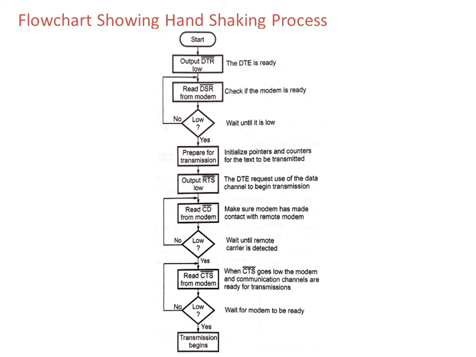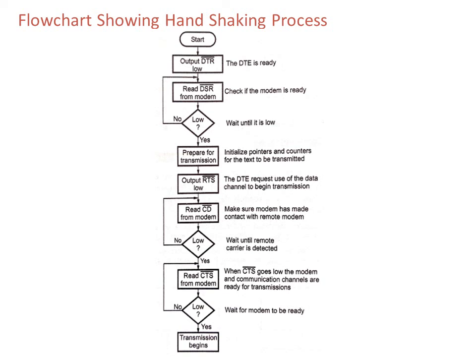This figure is a flow chart showing the handshaking process for data transmission and reception using the RS-232C connector. The first step is to check whether the DTE, data terminal equipment, is ready or not. For that we check the DTR signal of the DTE. If DTR is low, then the DTE is ready because it is an active low signal.